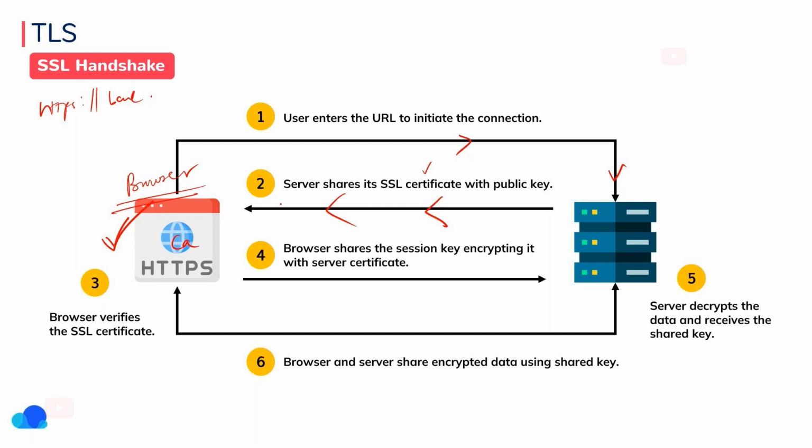It is authenticated. Now once it is authenticated, the browser will share the session key by encrypting it with the server certificate it received. And since that data is now received here, the server will decrypt it with its own private key, and the shared key which is sent by the client is now received by the server. Now all the future communications are encrypted and decrypted with that key.